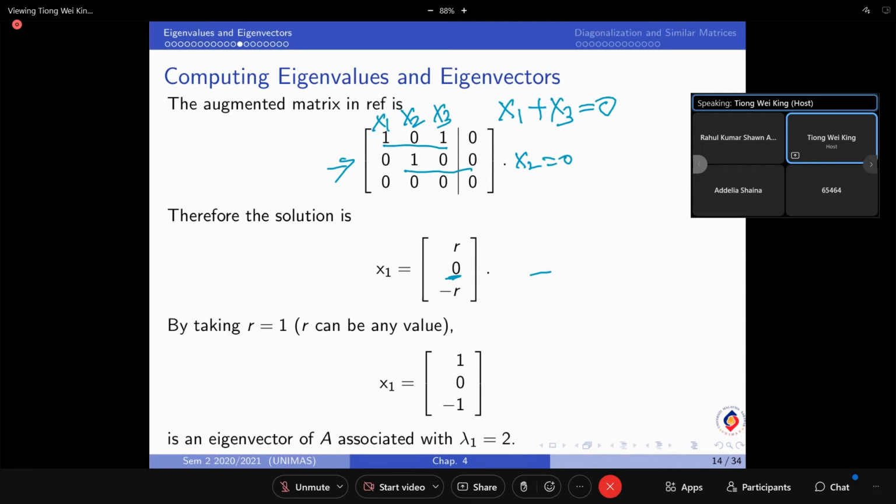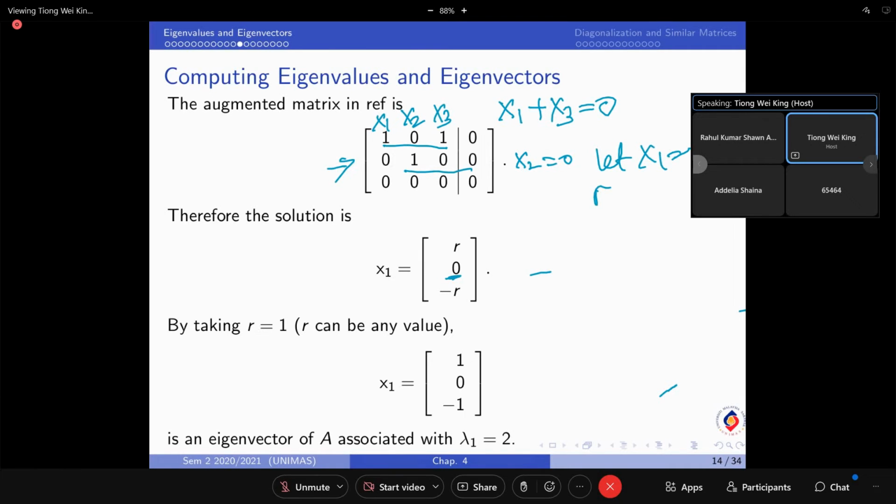It doesn't matter. I think what they did is let x1 equals to r.